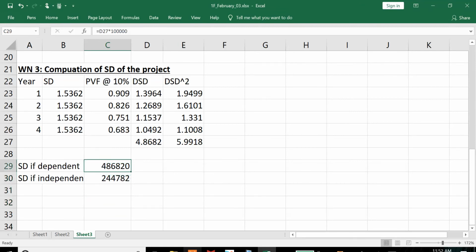I'll follow dependent for the problem. 486,820 is the answer with which we will work, assuming the cash flows are dependent on each other for every year.